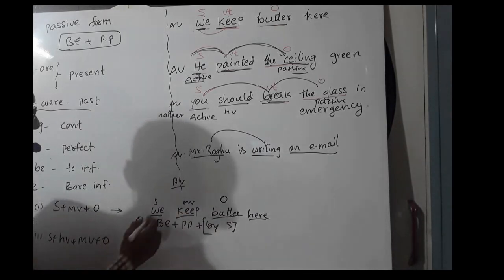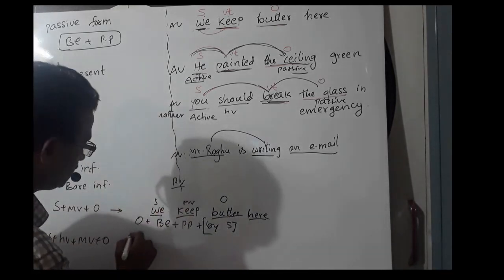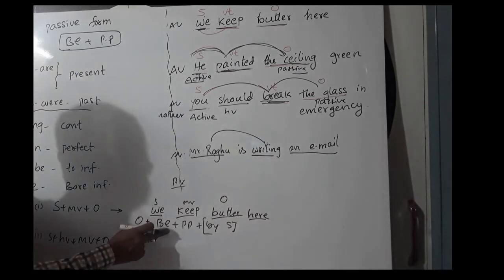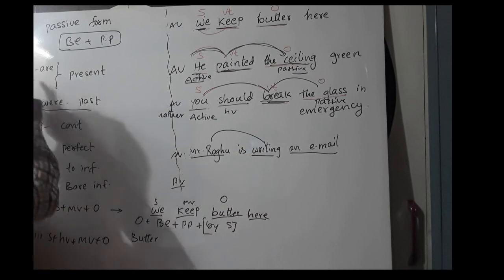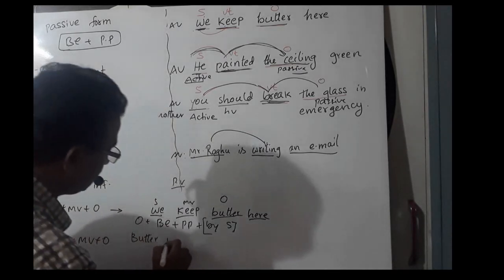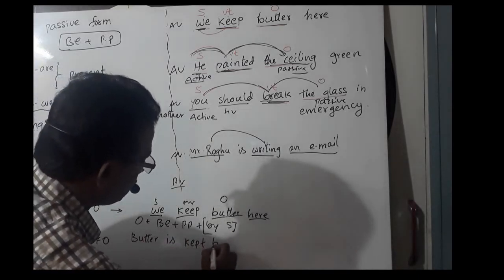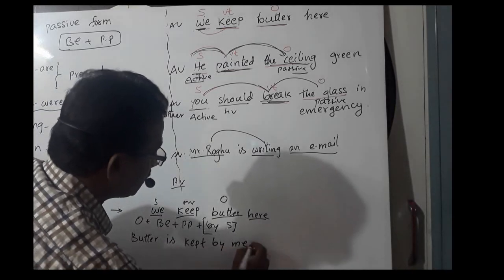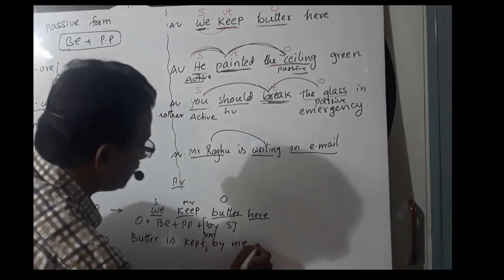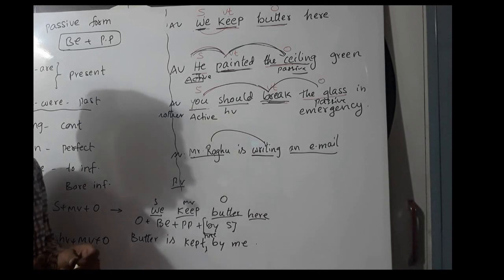Now, change the sentence into passive voice. The object goes in the place of the subject and the subject goes in the place of the object. Butter, be form. What be form is used? Keep is in the present tense. So, the present be form is used. The present be form is: butter is kept by me. Kept by me. This is one sentence of passive voice.